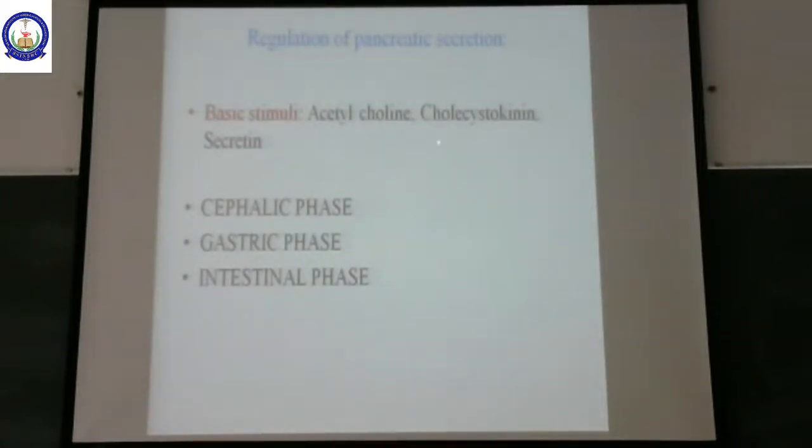Cholecystokinin and secretin are the hormones which are going to increase the pancreatic secretion. So there are three different phases of pancreatic secretion. One is the cephalic phase, second is the gastric phase, and third is the intestinal phase.